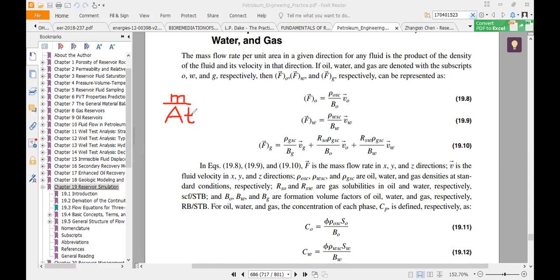In simplistic terms, mass flow rate per unit area. And of course, mass is what? Mass is density times volume, isn't it?